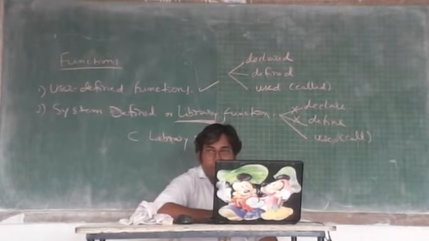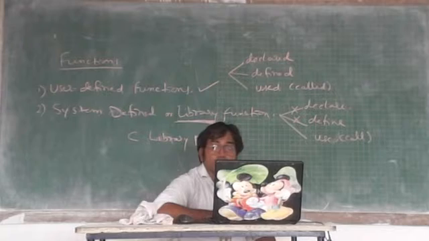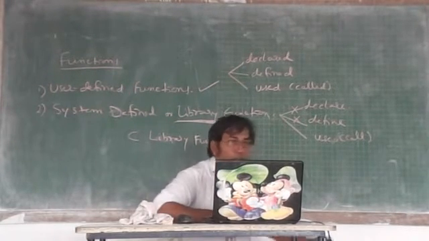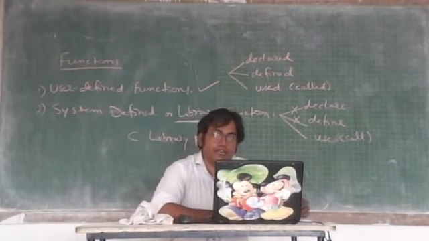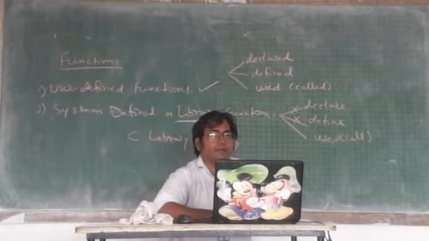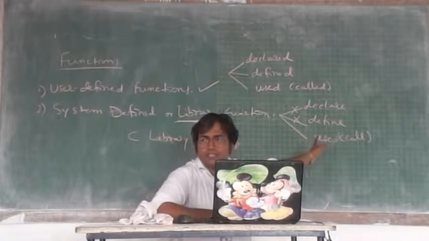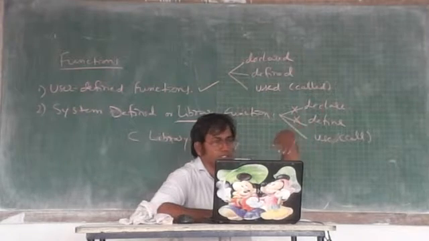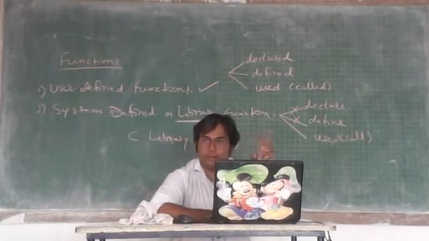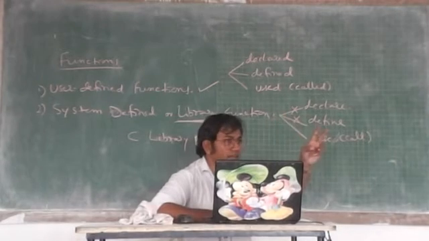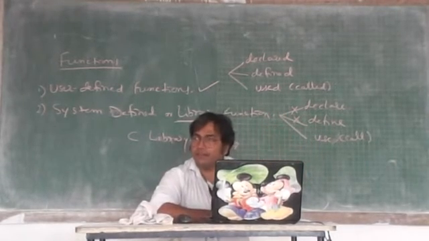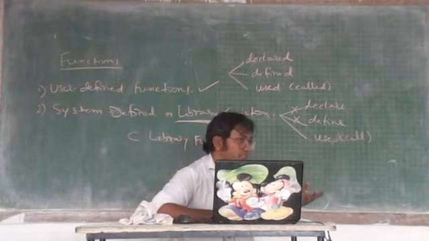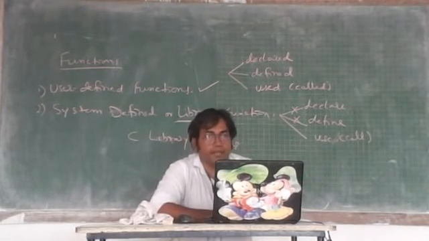But our thumb rule says that to use some function you must declare, must define, then only call. So it clearly means that for our C library functions, we don't declare, don't define, just call. It clearly means that somewhere those functions have been declared, somewhere those functions have been defined. I want to see exactly where these functions are declared and where they are defined.